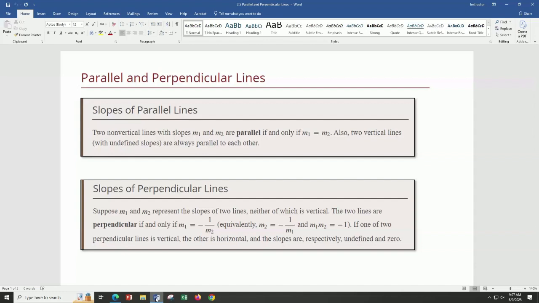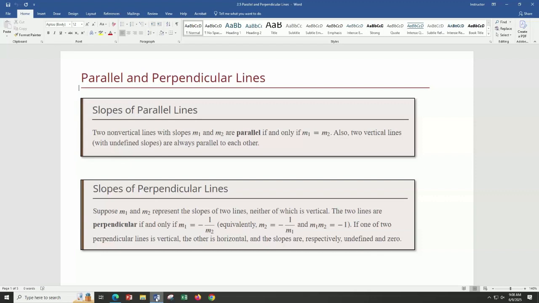How are you gonna have parallel lines? Two non-vertical lines with slopes M1 and M2 are parallel if and only if M1 equals M2. Also, two vertical lines with undefined slopes are always parallel to each other, which is what we just kind of derived, right?